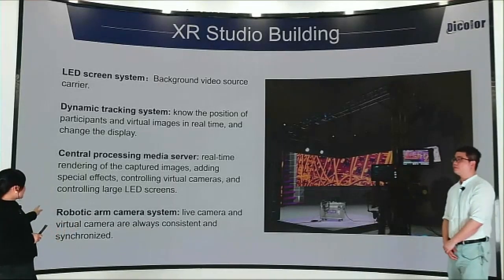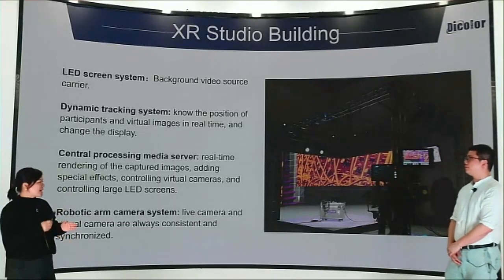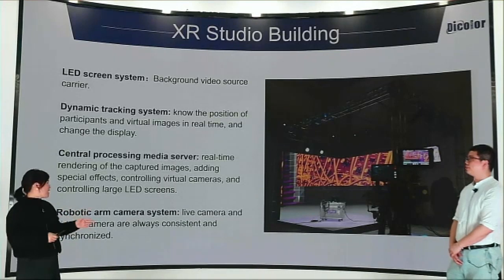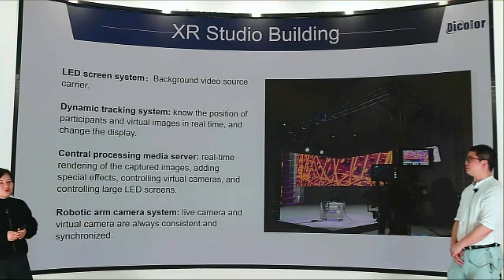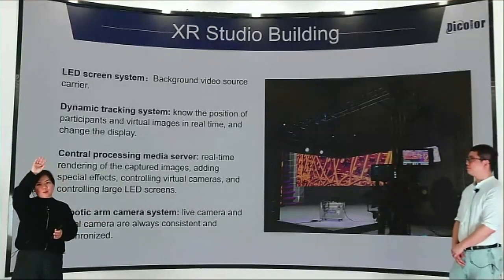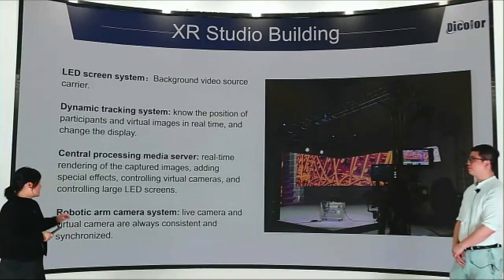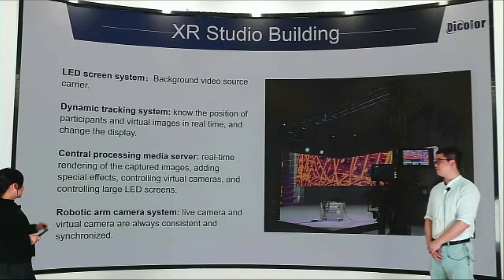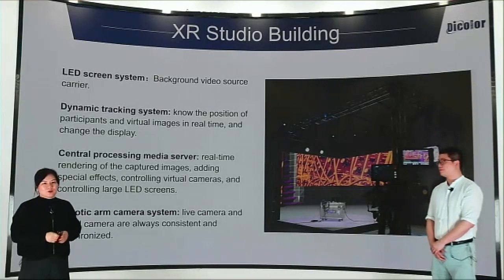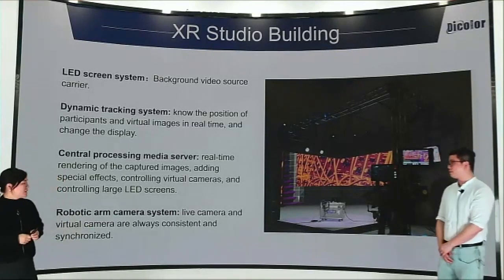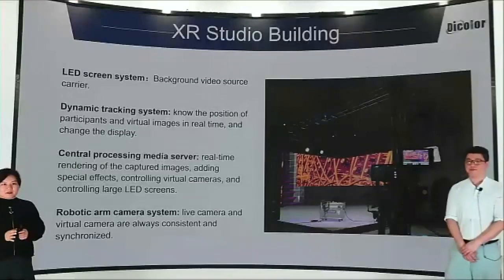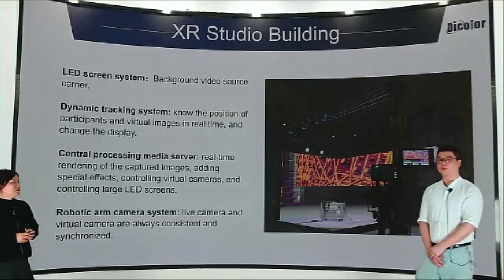Also the robotic arm camera system. These are actually live cameras and virtual cameras. Normally they are equipped on the top of the studio, and they are consistent and synchronized. So these three systems are the important factors to build the studio.